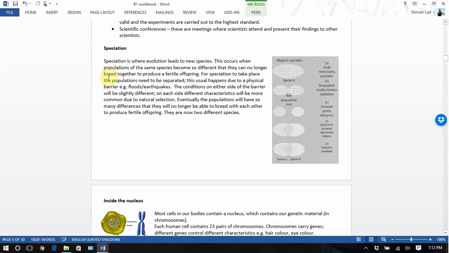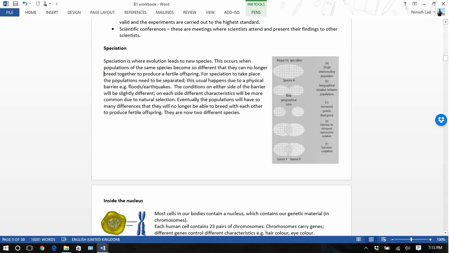So like you've got two species, A and B, and they reproduce and they produce C, and C is another species. Now A and B become so different from each other that they can no longer reproduce to produce a fertile offspring.